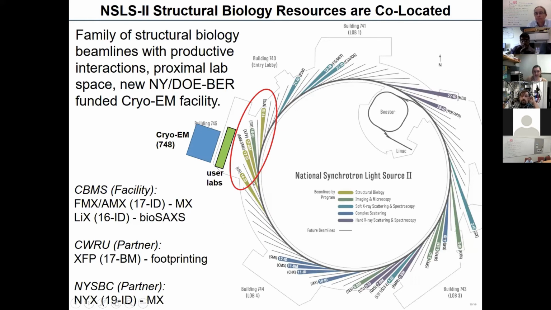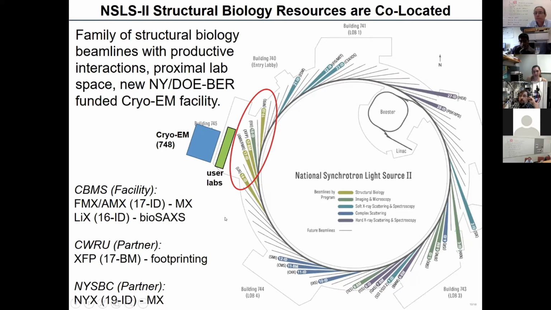And then we also have some useful support facilities. There are new wet labs that were completed last year, right in building 745 in the green box. And just earlier this week, a new New York State DOE BER funded cryo-EM facility opened up to accept user proposals, in a new building located right outside 745 and connected to the building.